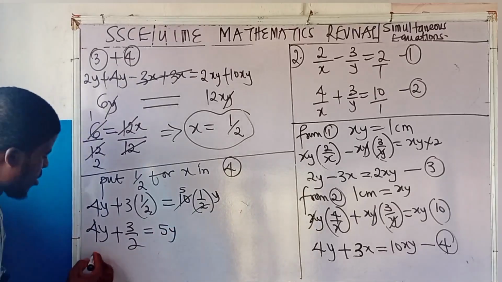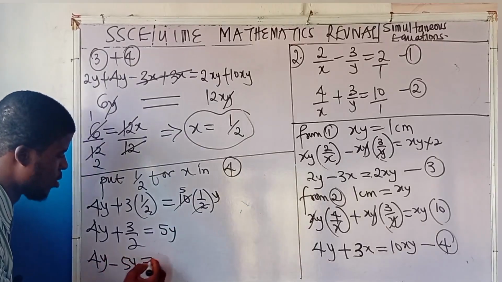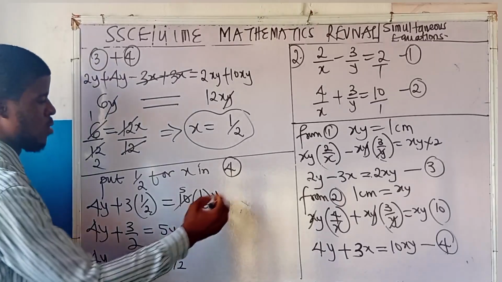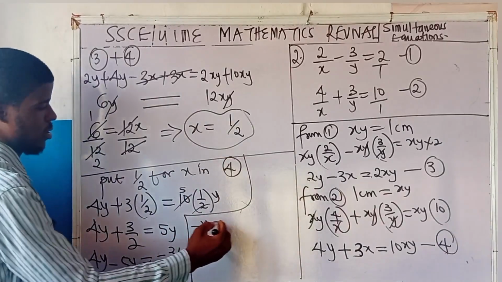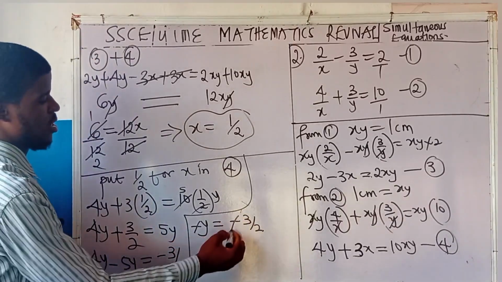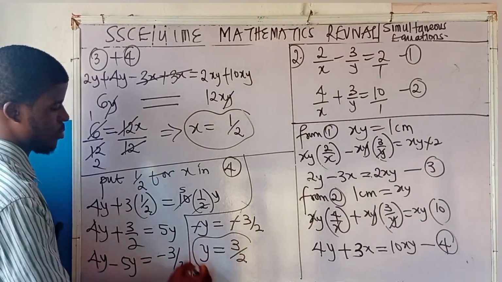So we'll be having 4y minus 5y equals negative 3 all over 2. 4y minus 5y is what? Minus 1y equals minus 3 over 2. So if minus cancel minus, it means that y is equal to 3 all over 2.